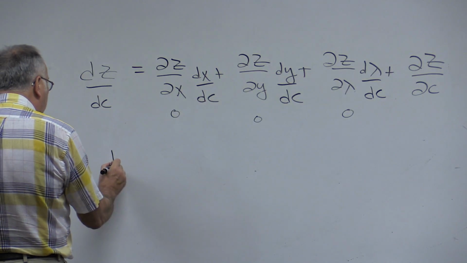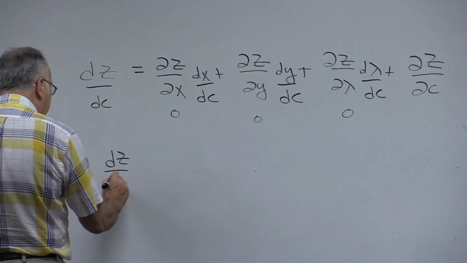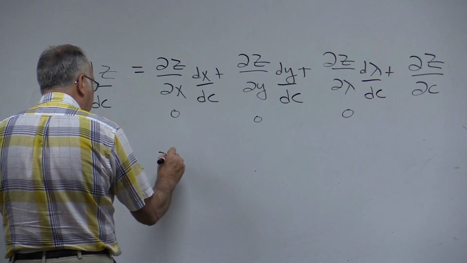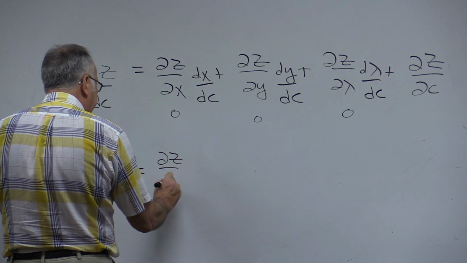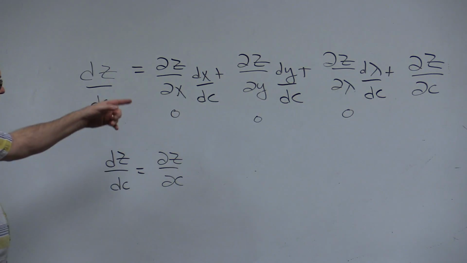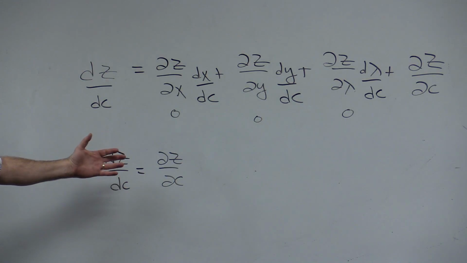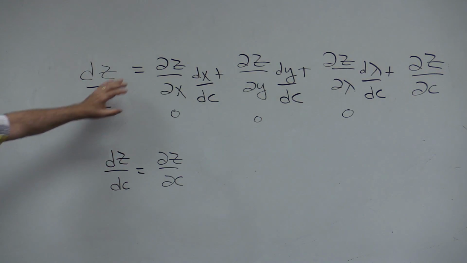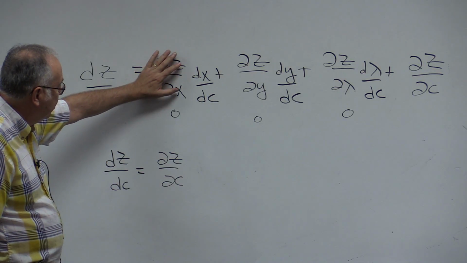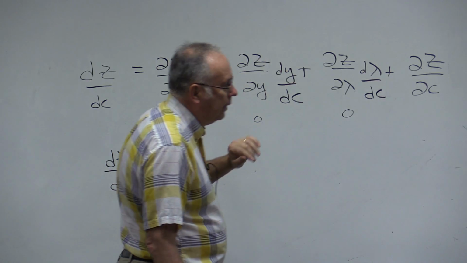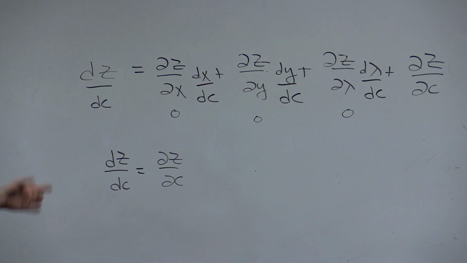Then what is the total derivative of z with respect to the constant c? It's just the partial derivative of z with respect to c, holding x, y, and lambda constant. The total derivative and the partial derivative are the same, because if you satisfy the first order conditions, this drops out, that drops out, that drops out. That means, what is partial z partial c here?